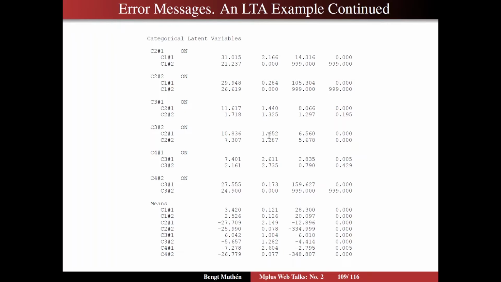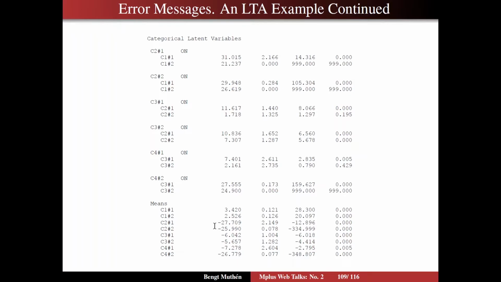If you look at the model results, the A parameters here for C2 1 and C2 2, so that's A1 and A2 in that C1 C2 table, they're very large negative logit, not a threshold but a logit, means a very small probability, 0.